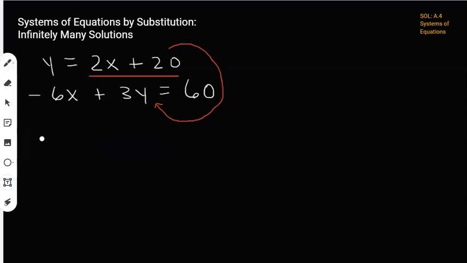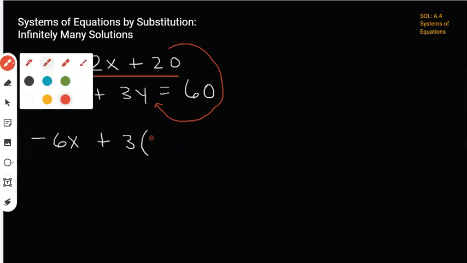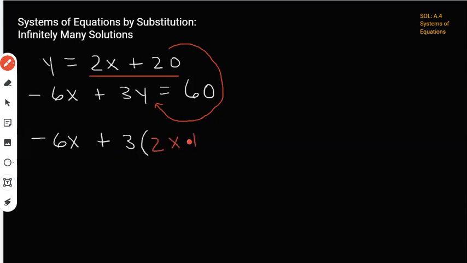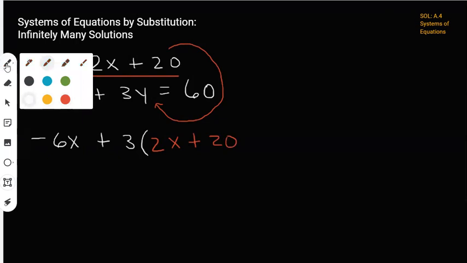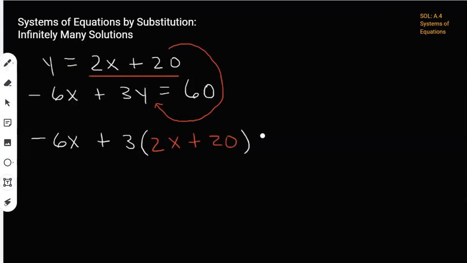For the bottom equation, I have negative 6x plus 3y, but in place of y, I'm going to put in 2x plus 20. Go ahead and put that inside of the parentheses and then close it up, and then set it equal to 60. So this is basically the bottom equation, but I'm replacing y with 2x plus 20.